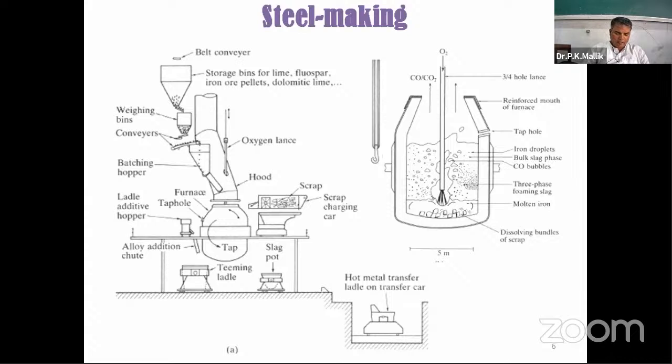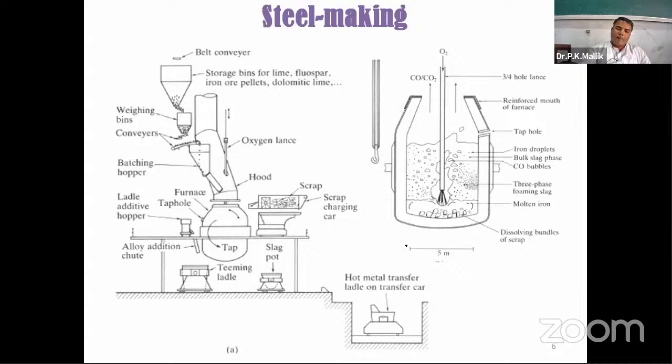The next operation requires that this carbon and other residual impurities like phosphorus and sulfur be removed. The removal of impurities can be accomplished by blowing a high velocity supersonic jet of pure oxygen onto the hot metal. The dissolved carbon is oxidized and escapes as carbon monoxide from the mouth of the vessel.